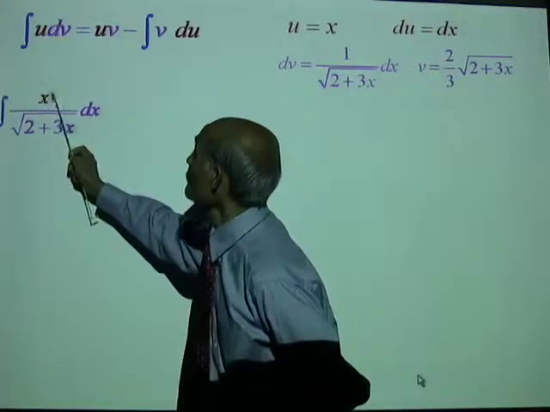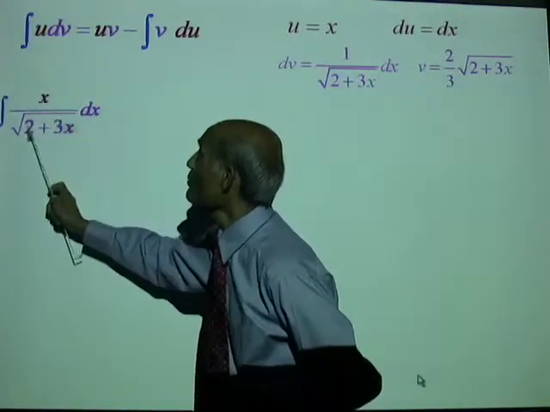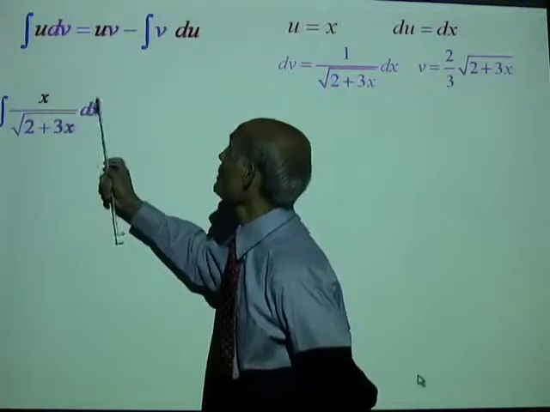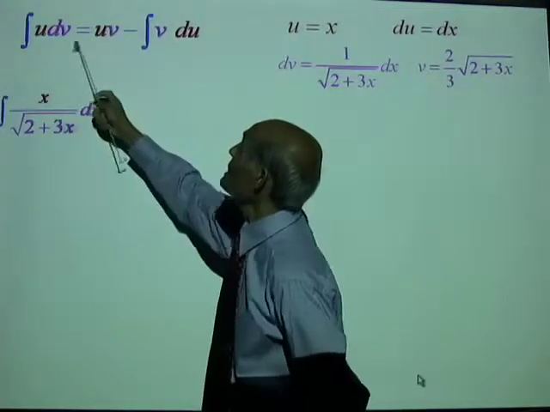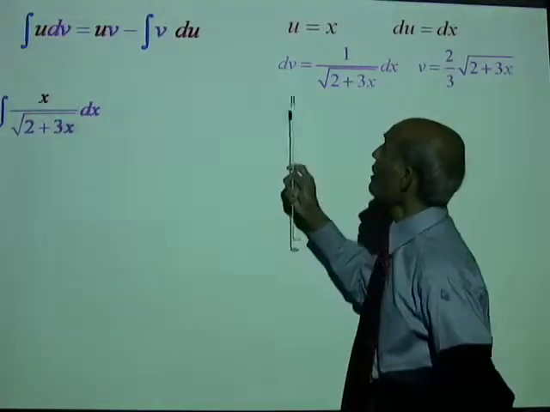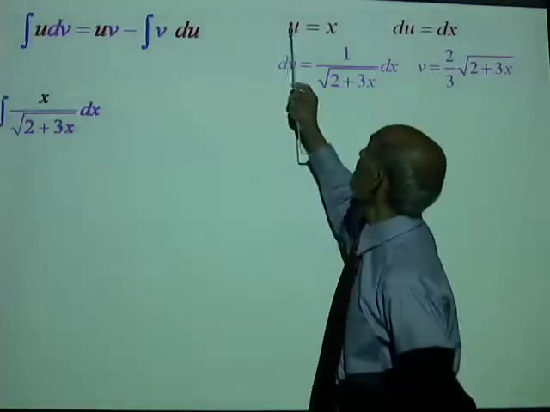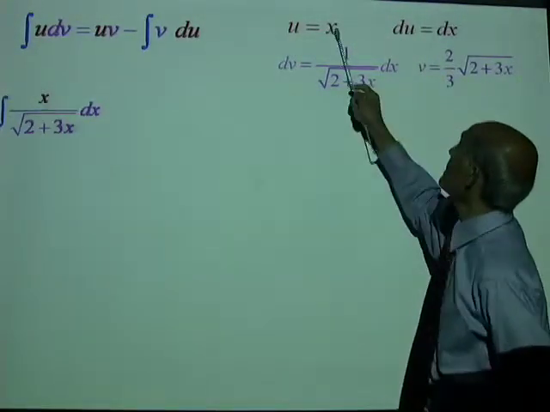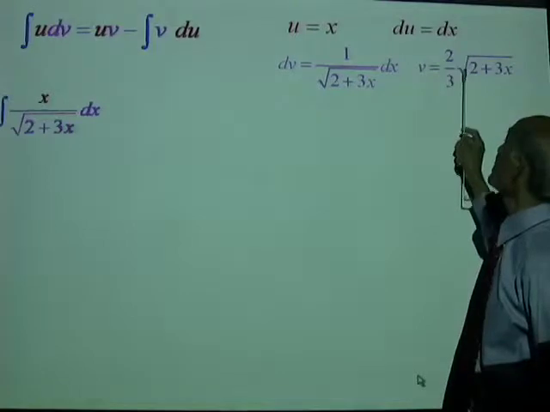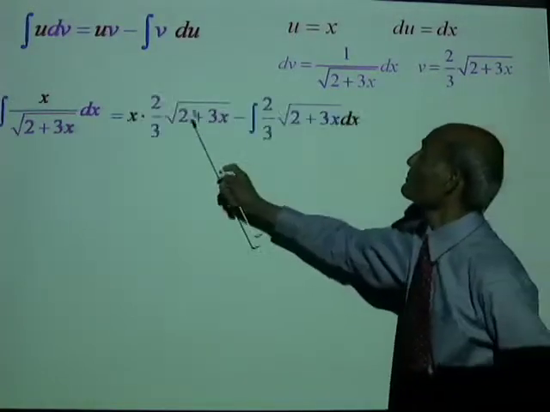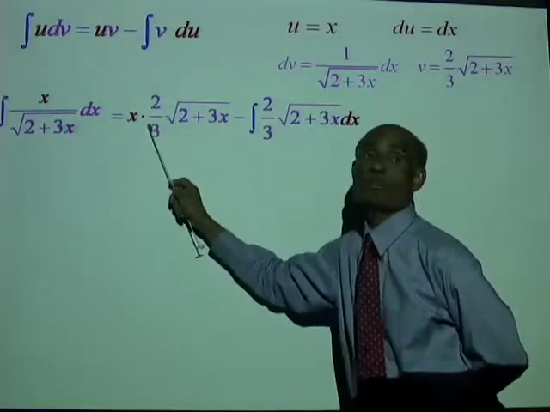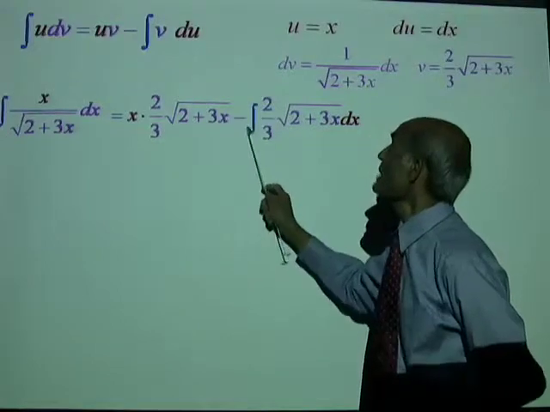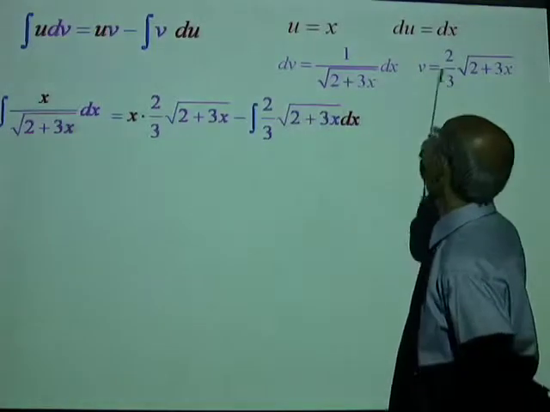And our x is our u, 1 over square root 2 plus 3x dx is our dv. And so, what's the uv? U times v will be x times 2/3 square root 2 plus 3x, that's our uv, minus integral v du.